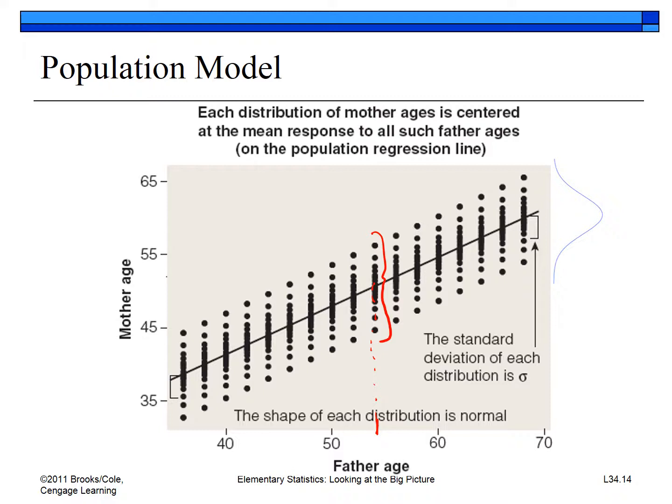Overall, you can see that those y values are higher than the corresponding y values for a father's age of, let's say, 40. They're clustered around the line, and they should be normally distributed. So for the normal distribution for this given x value, the mean of the distribution is the predicted value, what we get when we plug our x value into the formula for the line. And the standard deviation of the distribution is sigma, which we will approximate using S.